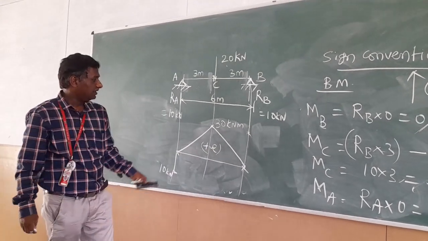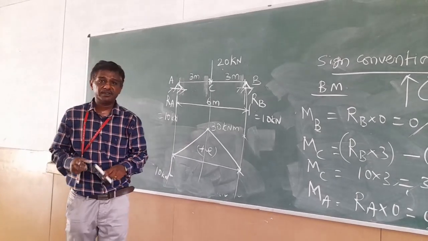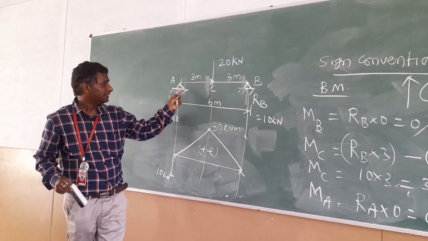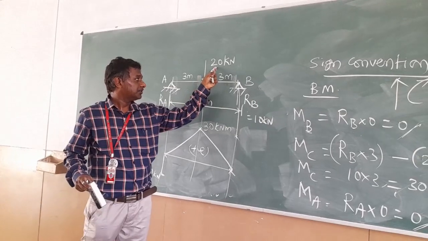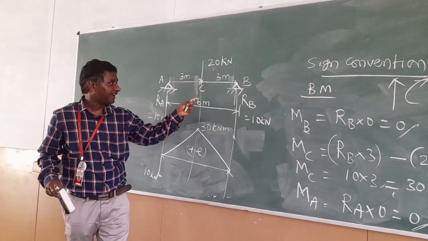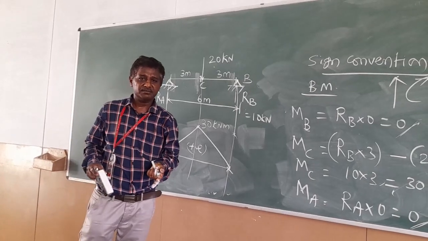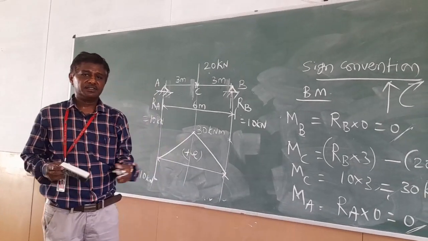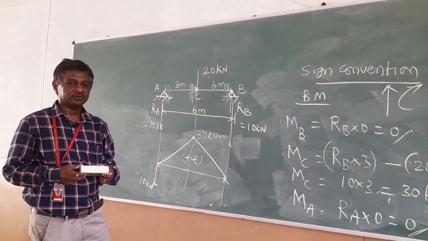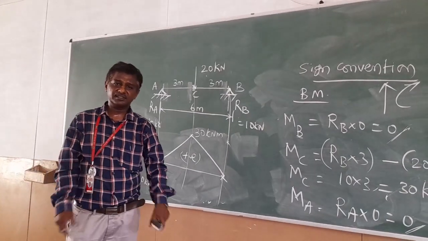So this is the bending moment diagram for the given simply supported beam with the 20 kN point load acting exactly at the center point. We will discuss another problem in the next class, a simply supported beam with 2 point loads. Okay. Thank you for this session.